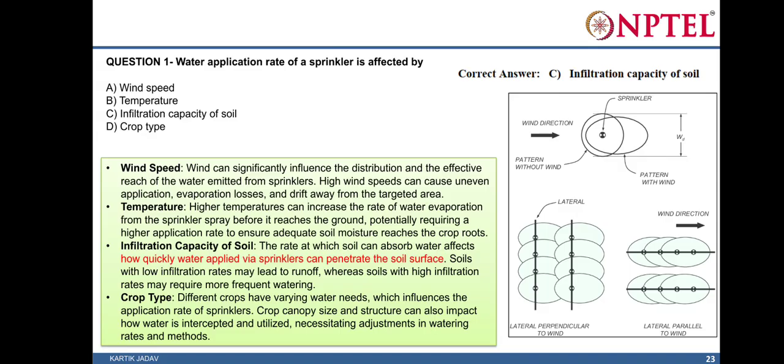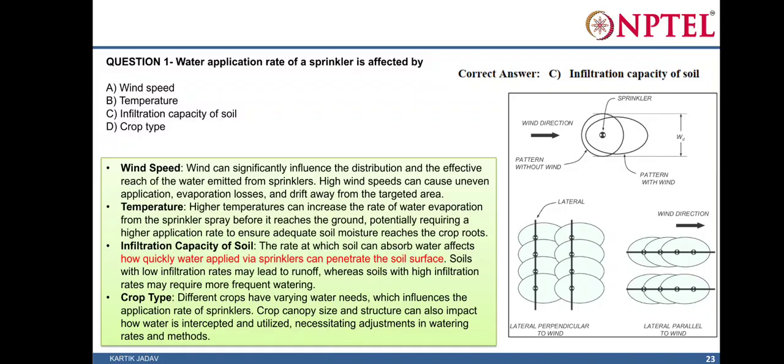Question number one: the water application rate of a sprinkler is affected by wind speed, temperature, infiltration capacity of soil, or crop type. We know that the correct answer is option C, infiltration capacity of soil.